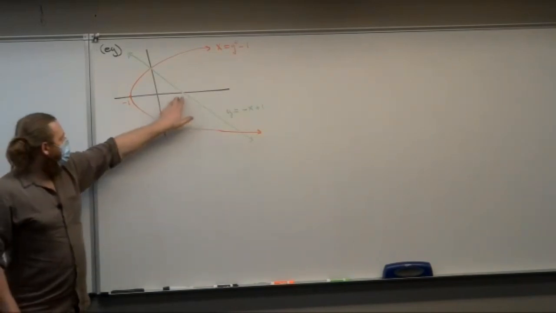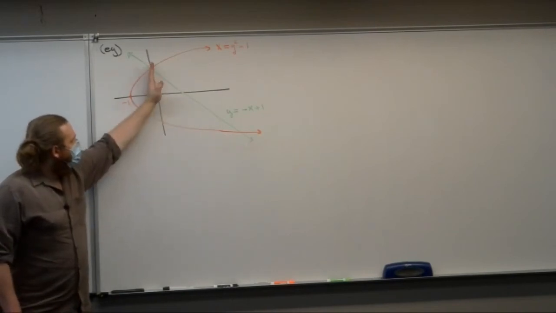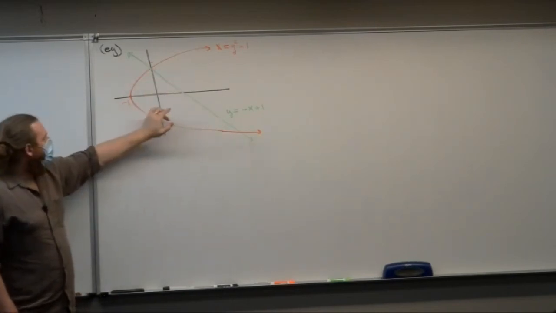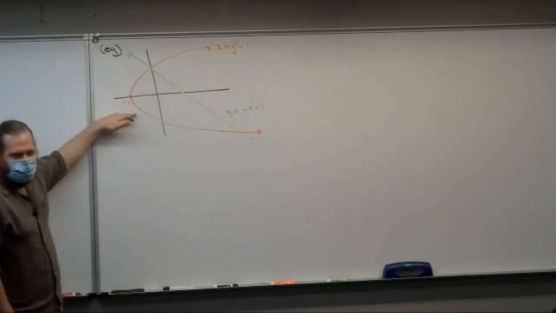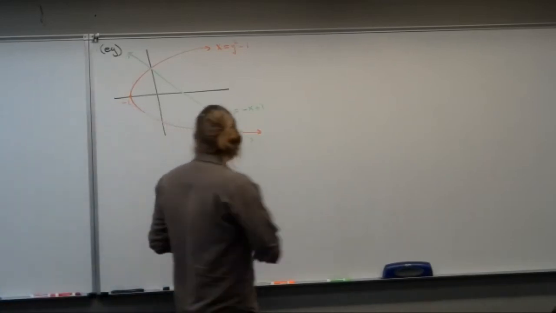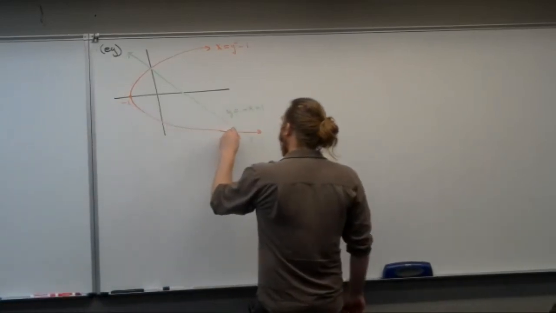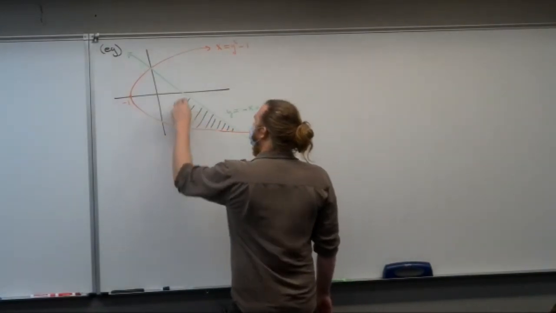If I were to set this up as an upper minus lower thing, to the right of the origin, the green is the upper and the orange is the lower. To the left of the origin, there's neither, right? The orange is playing the role of the upper and the lower, which is a little bit weird. At the very least, it would require two integrals, right?